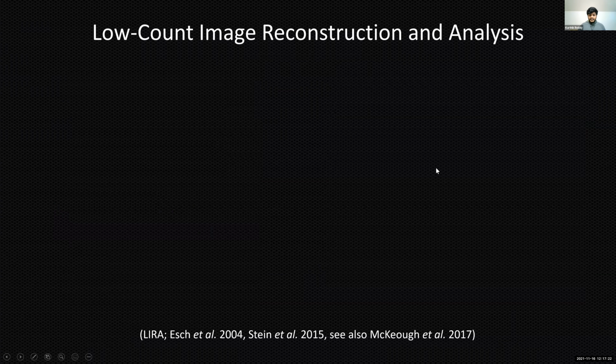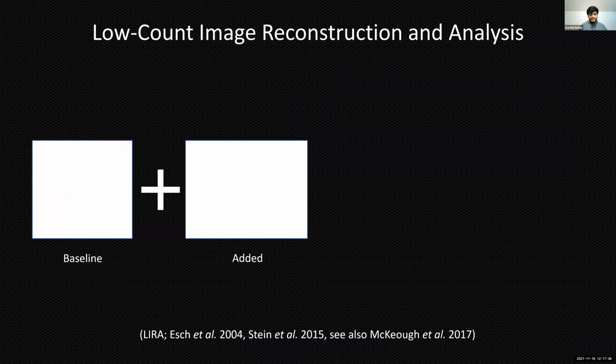So I use a statistical tool called LIRA, which is the short name for Low-count Image Reconstruction and Analysis. I'll give a brief overview of how LIRA works. LIRA basically models an image as a combination of two components.